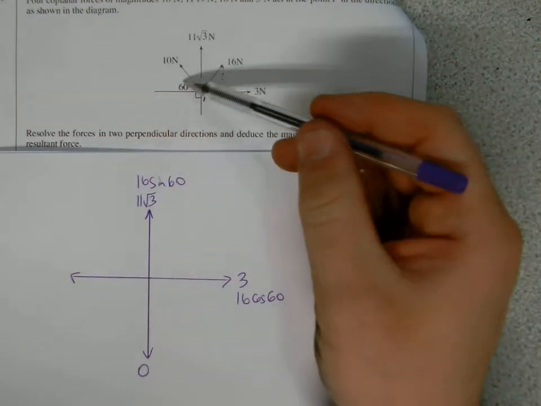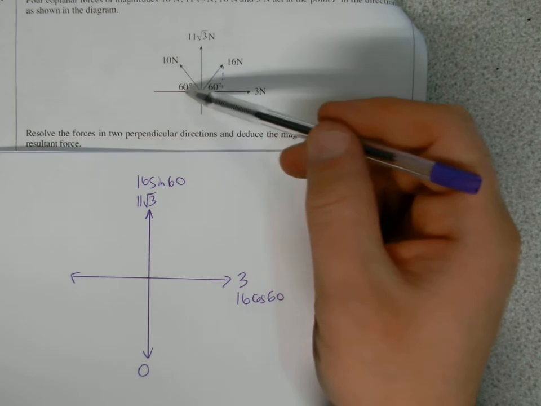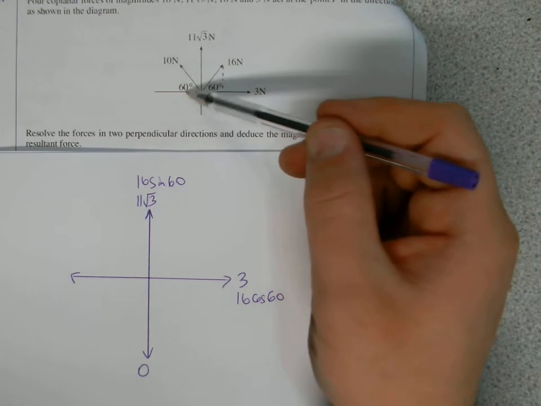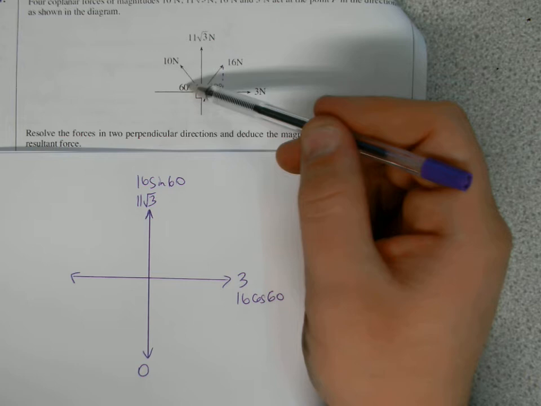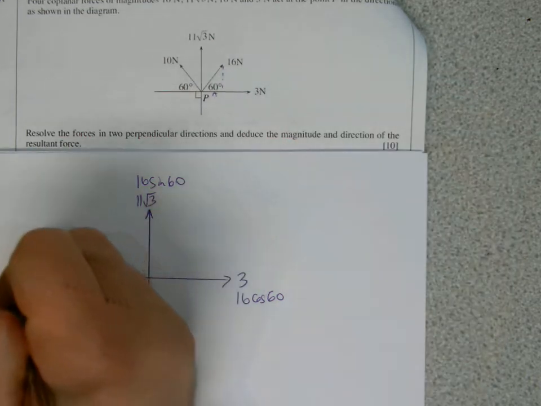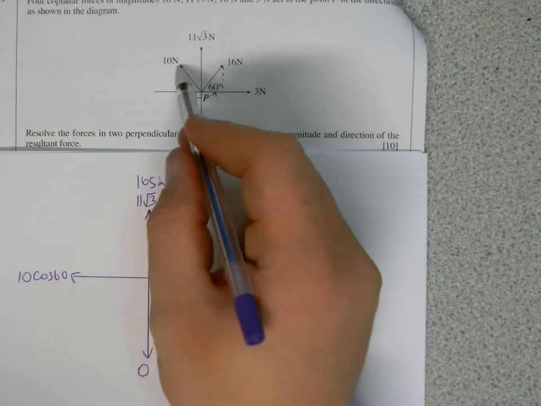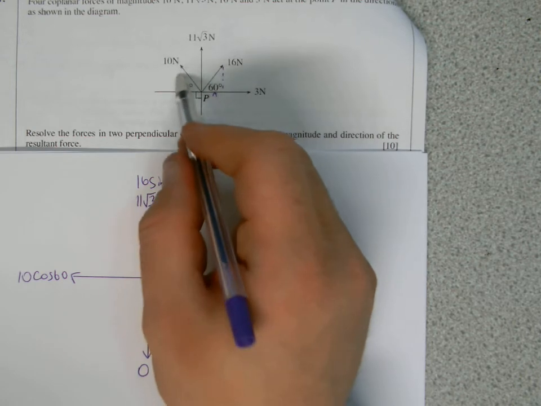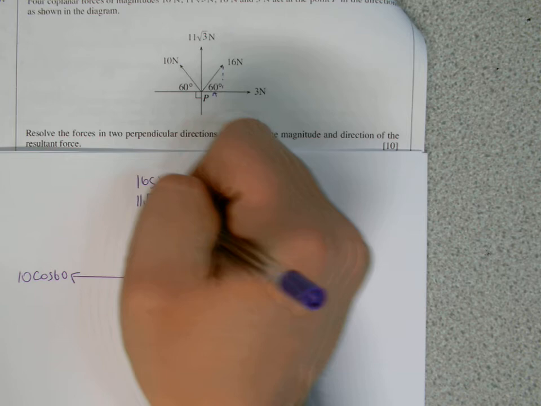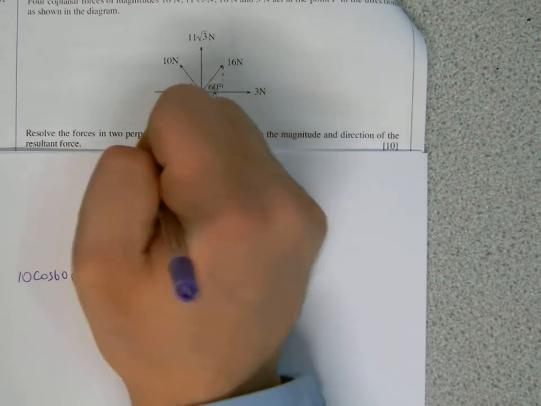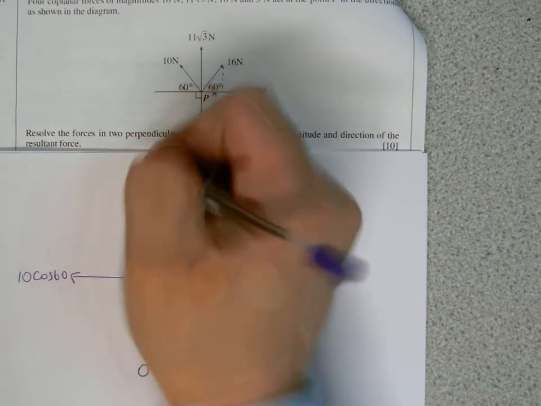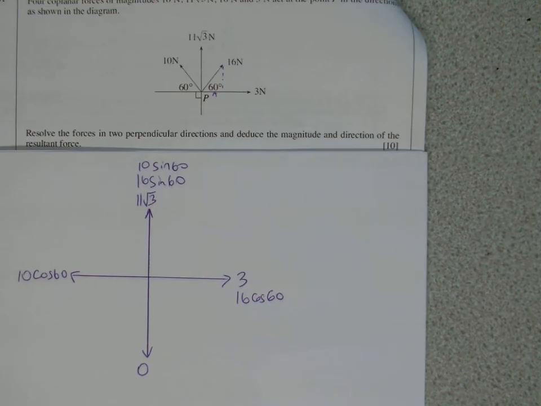And then the same here, you've got 10, the adjacent here will be this side, next to the angle, 10 cos 60. And then the vertical component here, along the y direction, will be 10 sine 60. So we've got quite a few forces there going in that y direction.